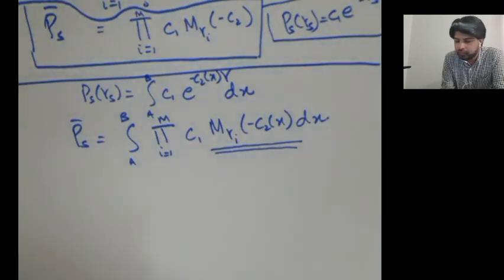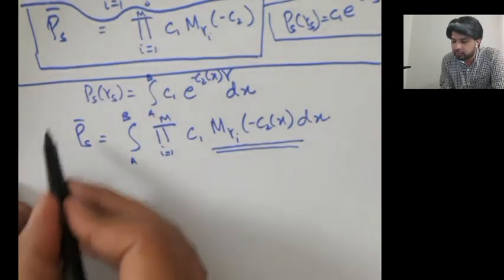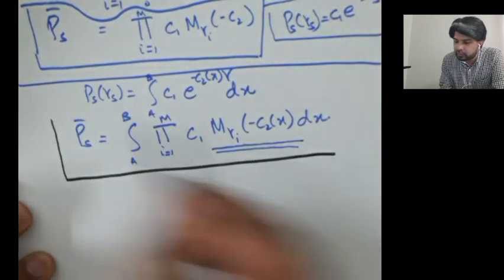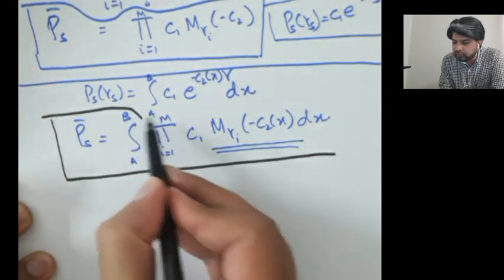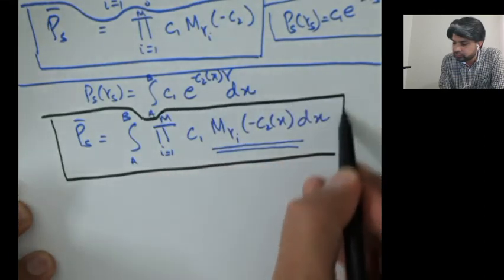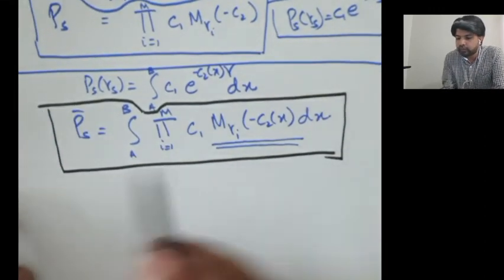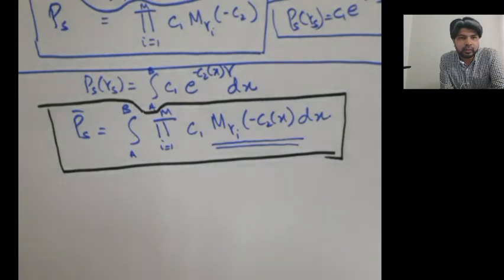So this is the power of the analysis done by the moment generating function approach, and this allows you to represent the average symbol error probability either as a product of capital M moment generating functions or a finite integral of capital M moment generating functions that can be computed numerically with ease. So that is the power of the moment generating function approach.